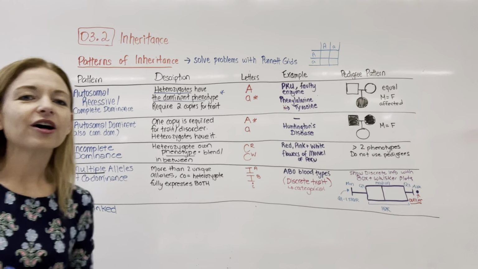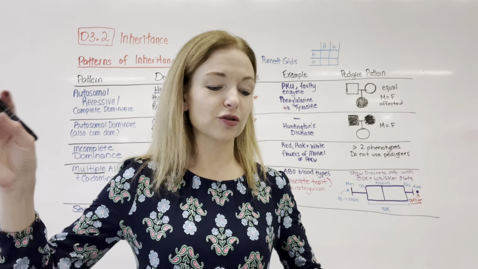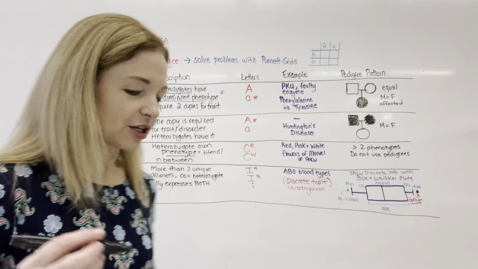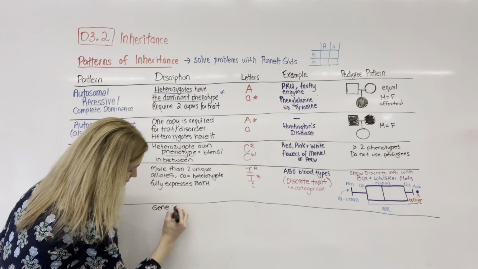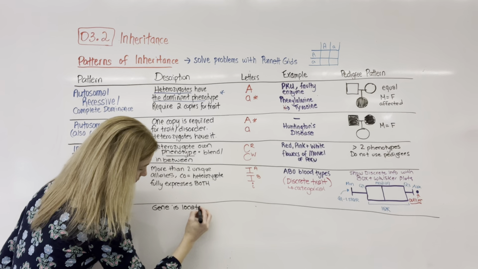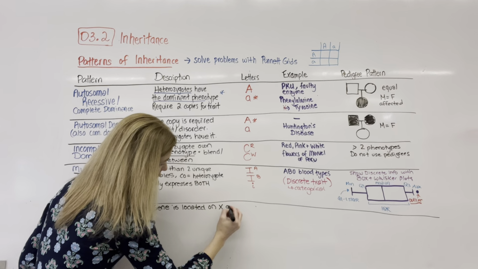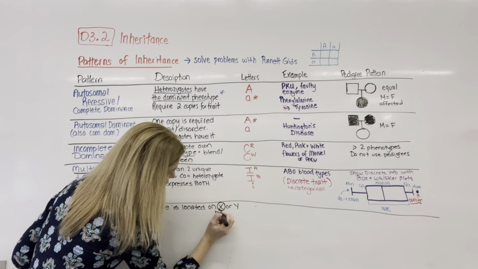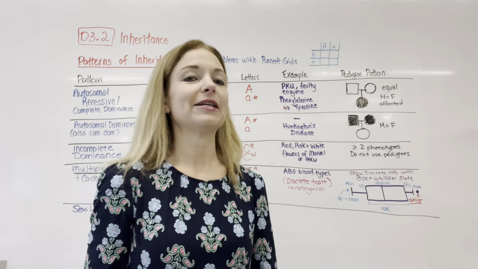So if we are talking about a sex-linked trait, this is now going to be a trait that is on one of the biological sex-determining chromosomes. So it is a gene that is located on X or Y. Usually X because it's much bigger, and because everybody has at least one.